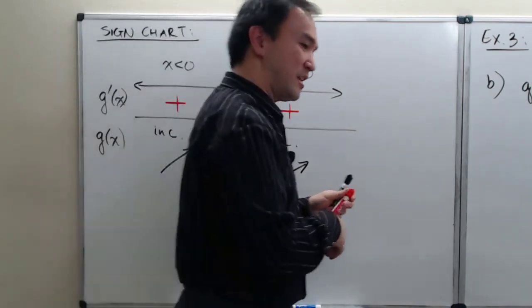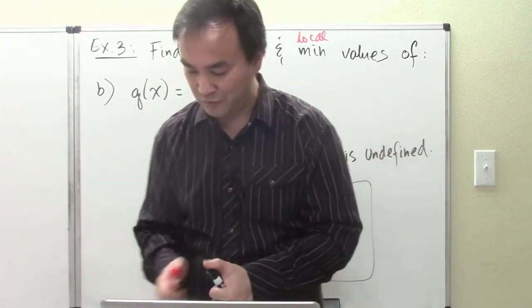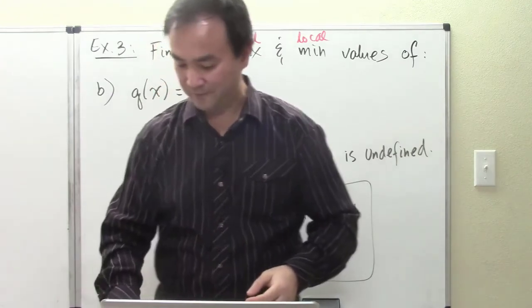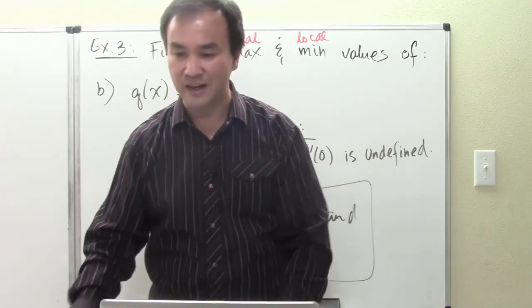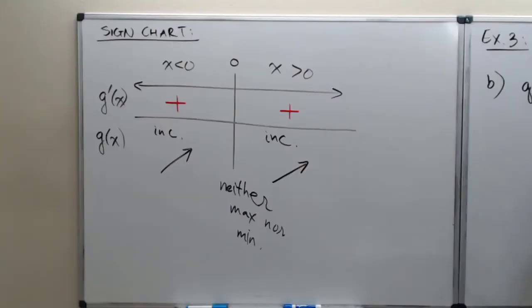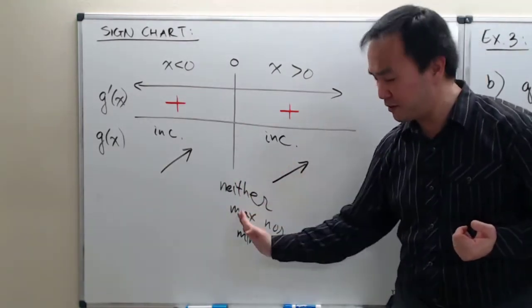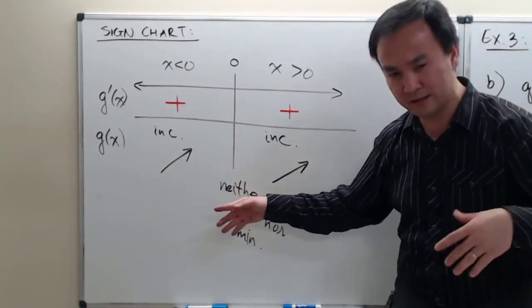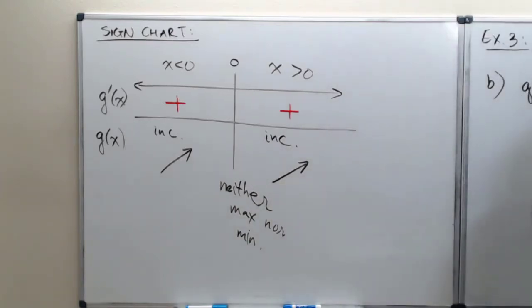And now allow me to quickly show a graph. It's time to let everybody see what the graph of this function looks like, and how it is consistent with the fact that it's increasing and increasing again, and that this critical value is neither a max nor a min. So why is that? Let's find out.